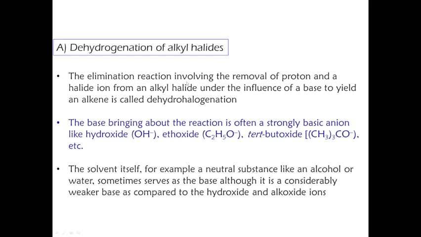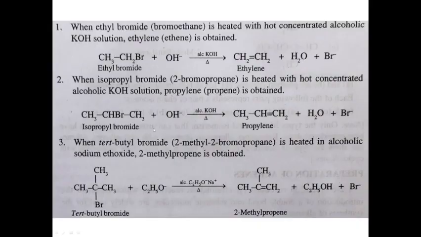and then we get ethylene, CH2=CH2. The second example is isopropyl bromide, CH3CHBrCH3, reacting with alcoholic KOH, and then we get propylene. Here one hydrogen from here and one halogen from here is eliminated from adjacent carbon atoms.